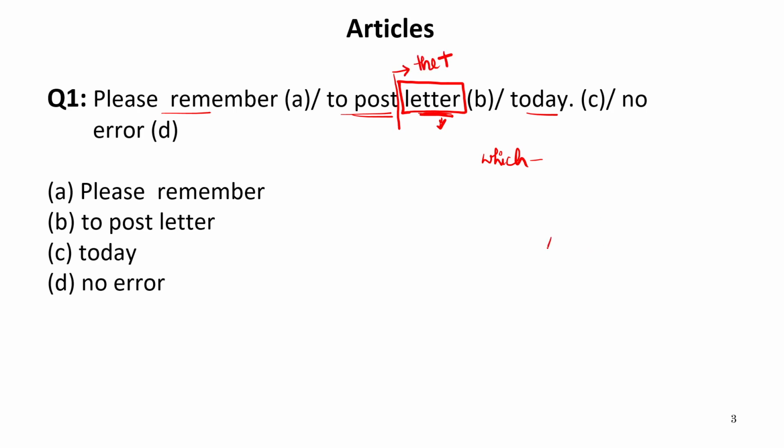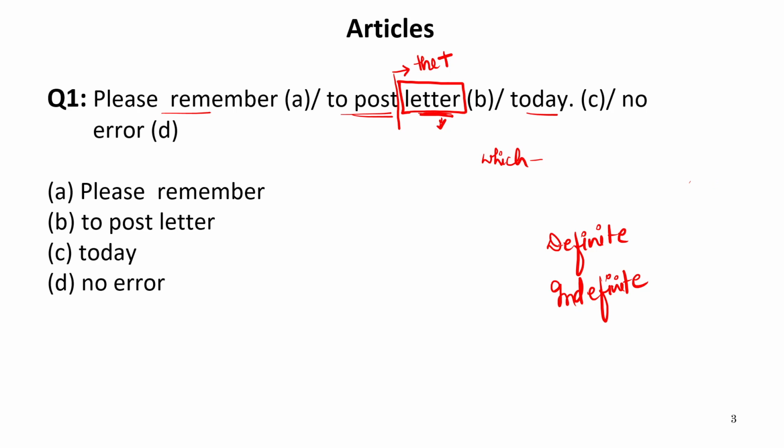There are two articles, definite article and indefinite article. They depend upon the noun, whether the noun is definite or indefinite.